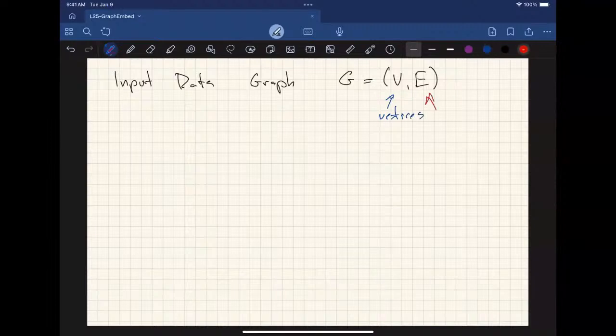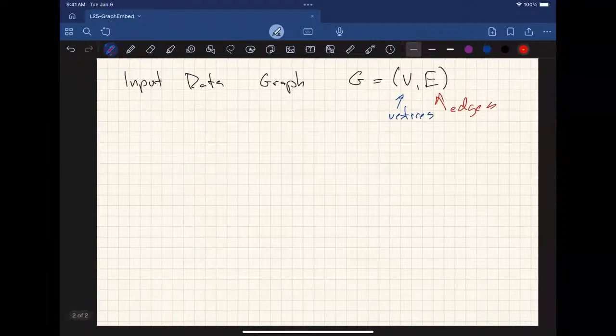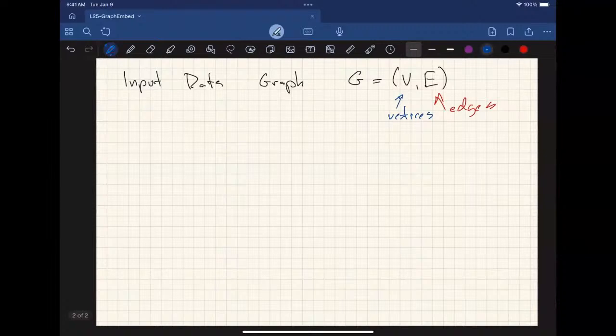These are the edges. And so I'm going to draw a graph, as I've been doing in class, where I draw a bunch of vertices and then some edges in between these vertices. So this is a representation of a graph, and we want to do some analysis on these.